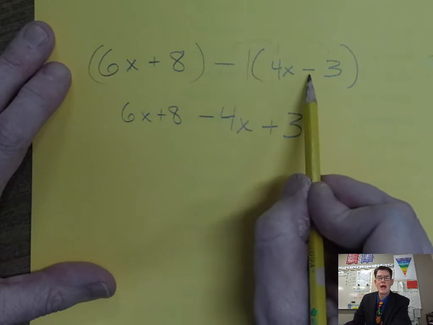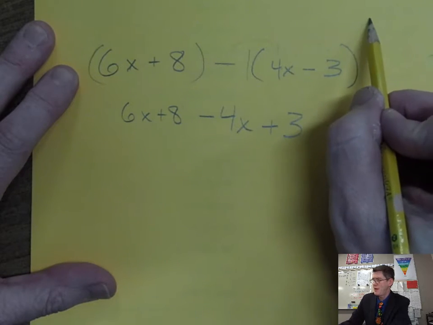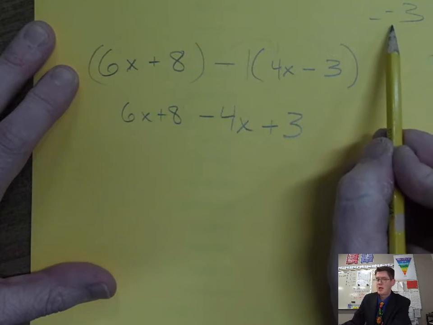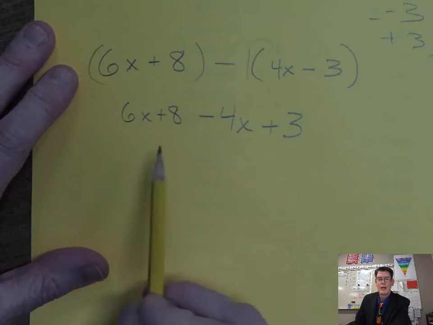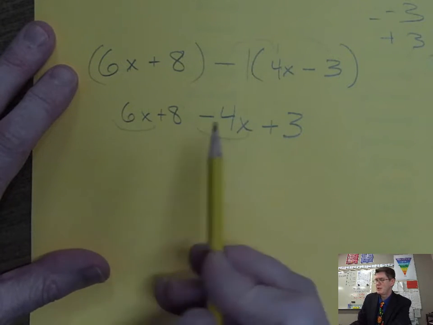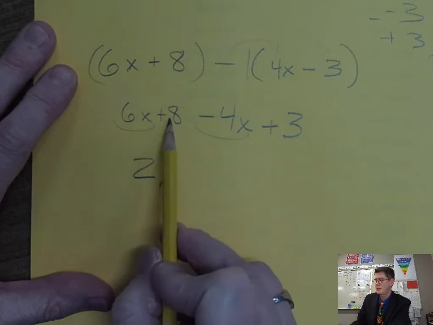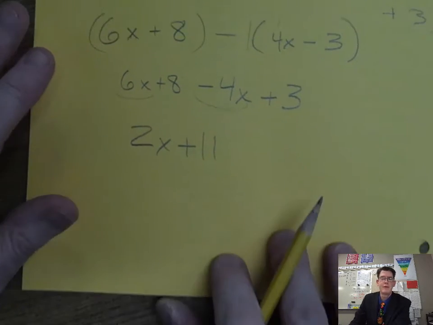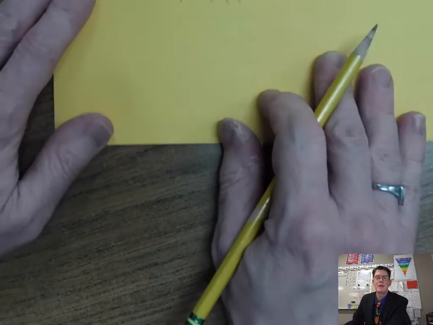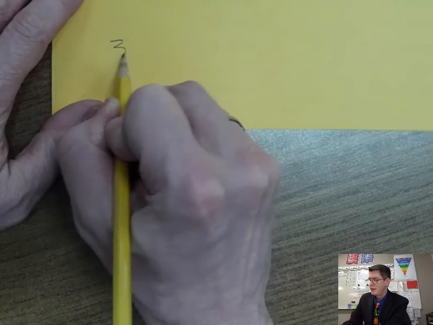If you subtract a negative 3, you know that's the same thing as adding 3, which is what we wrote. And then you combine like terms. 6x minus 4x is 2x's, and then 8 plus 3 is 11.